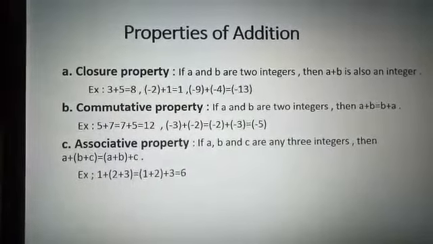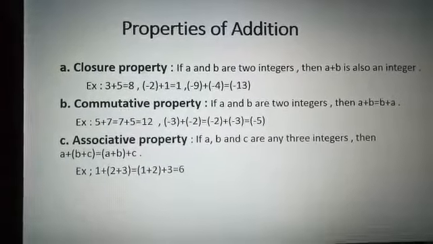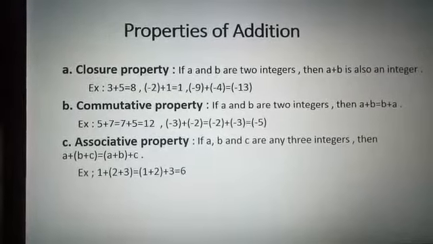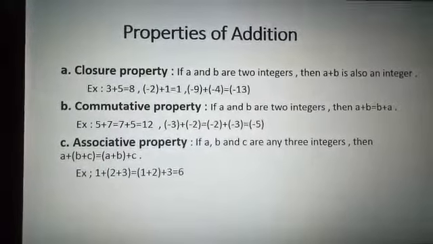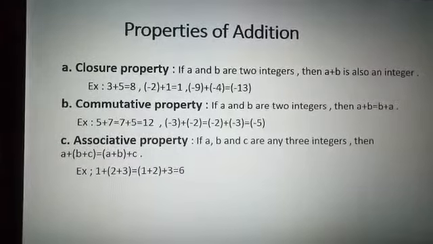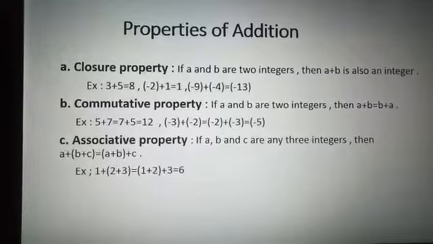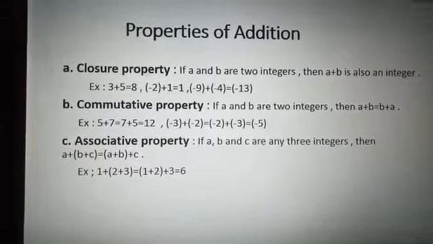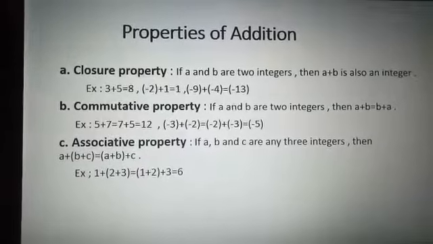Now second property, that is commutative property. See the definition. If A and B are 2 integers, then A plus B is equal to B plus A. That means if we interchange the position of A and B, you will get the same answer.